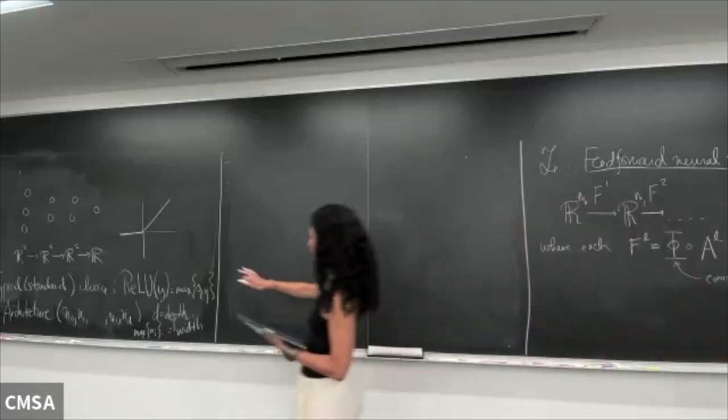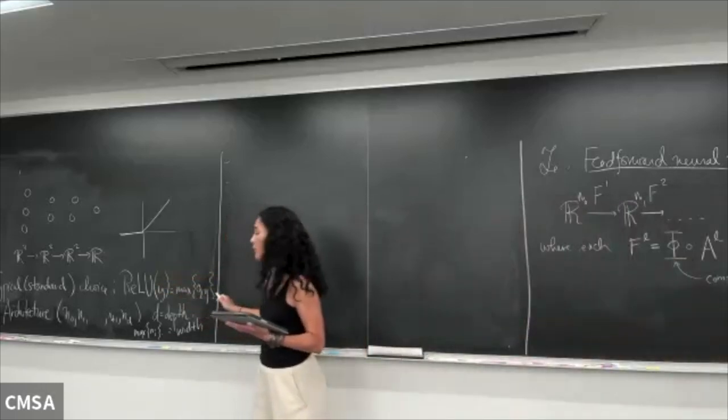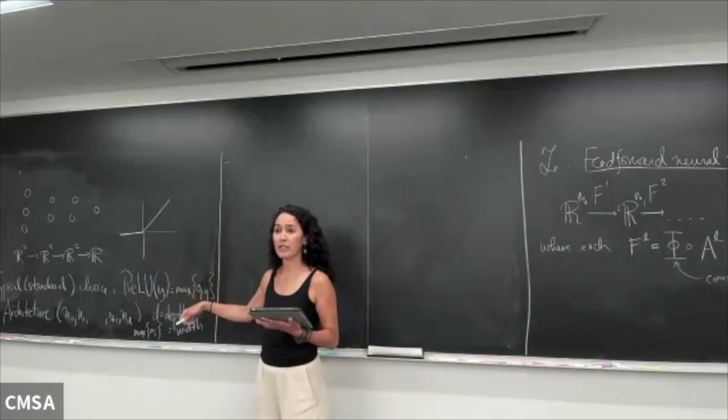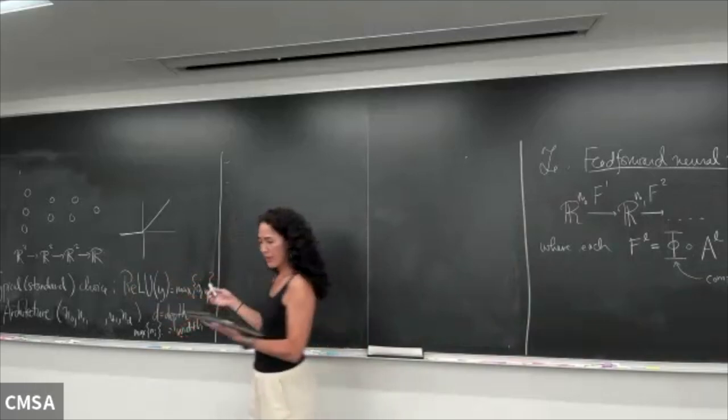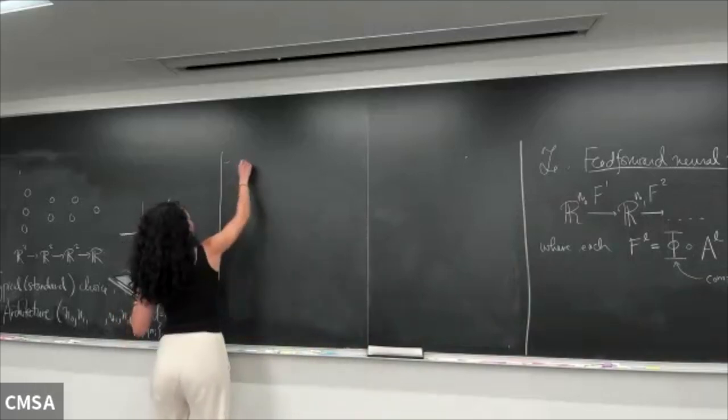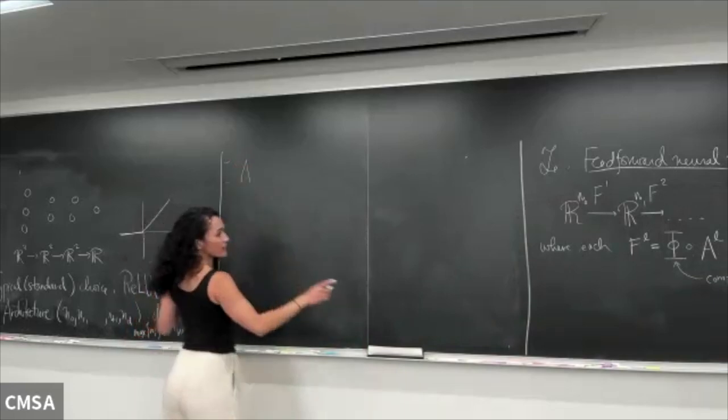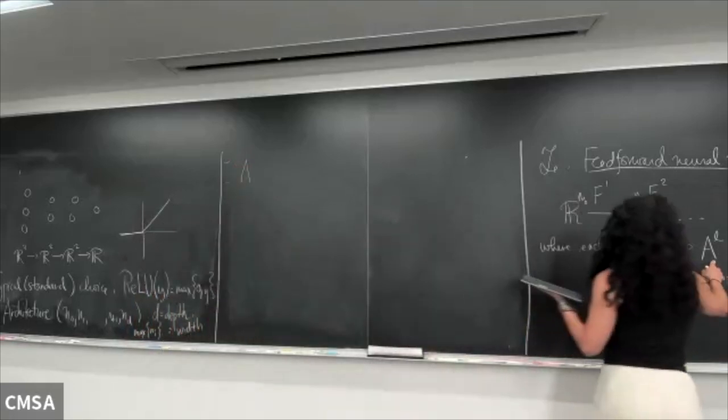And then maybe I'll also say, so I said that this is a parameterized function class. Well, what are the parameters? So you have these affine linear maps.